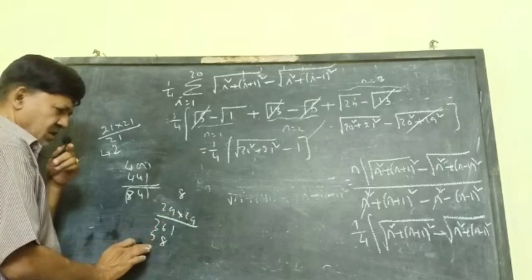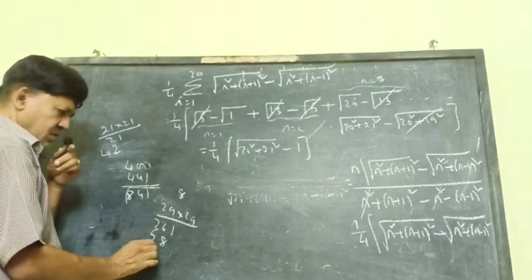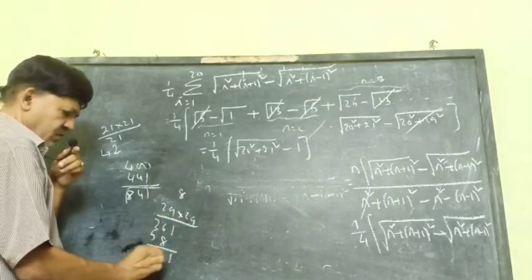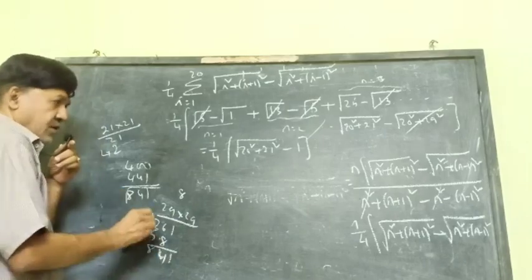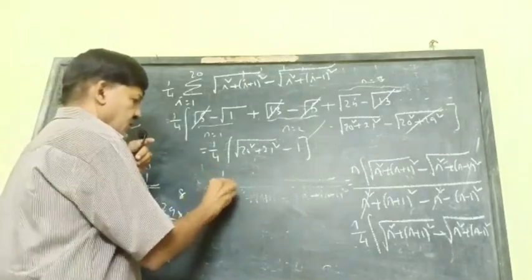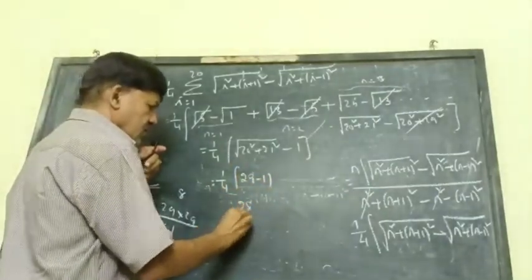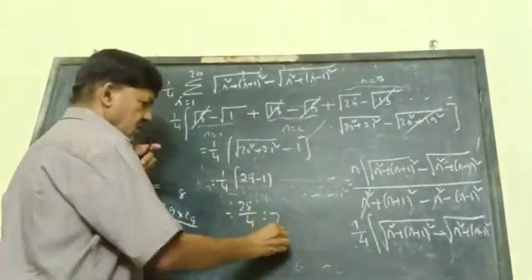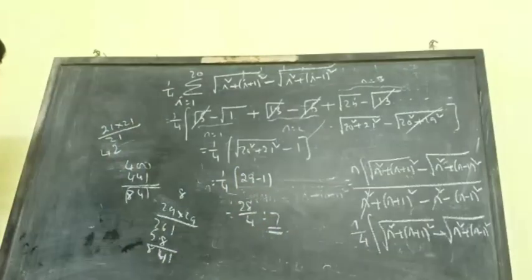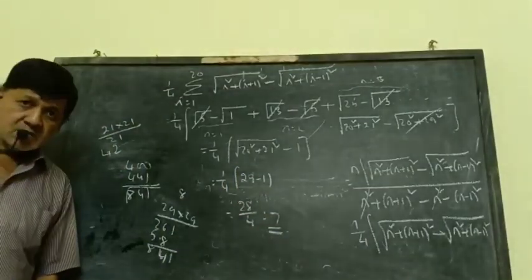So you will get 1 by 4 into 29 plus 1. So 28 by 4, which is 7. This is how you have to think.